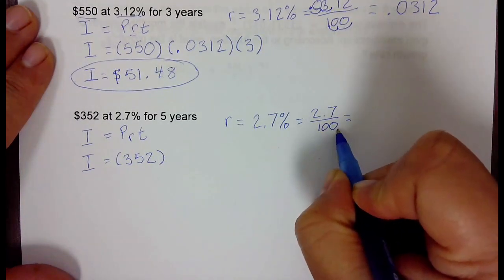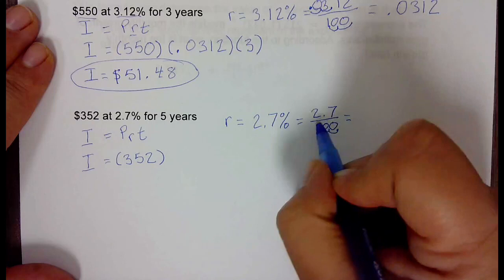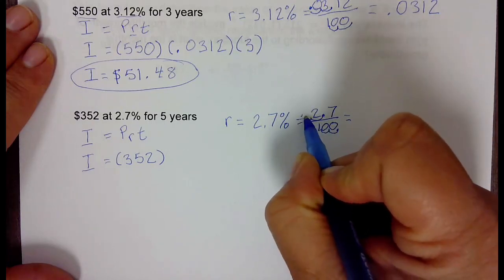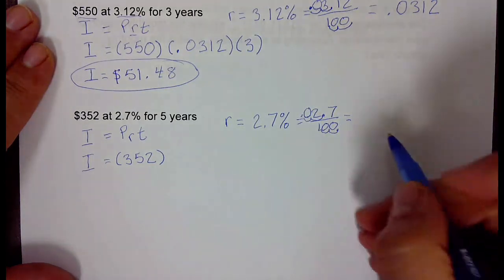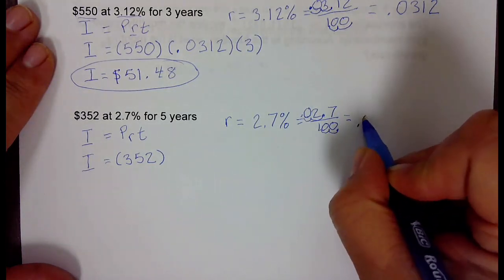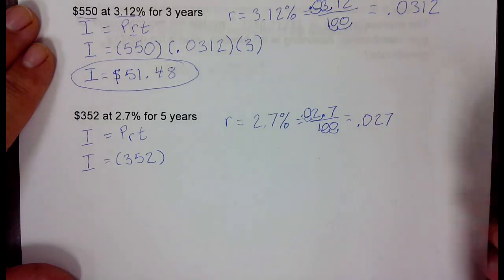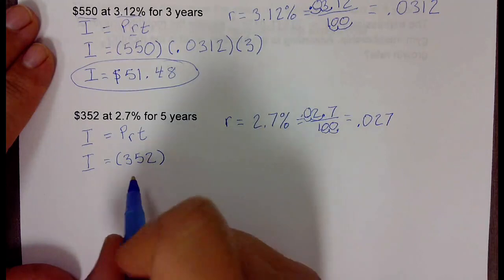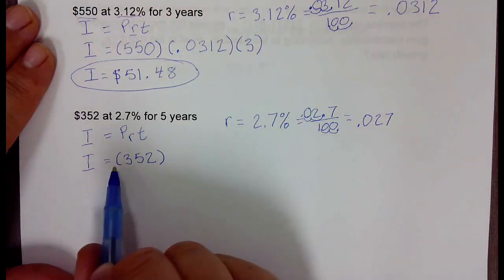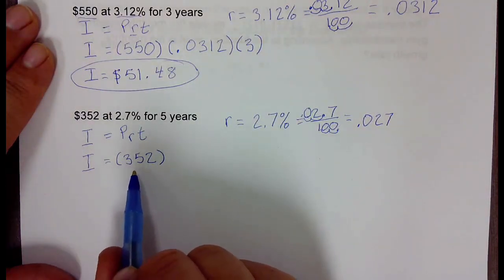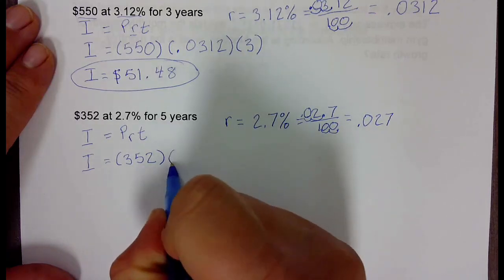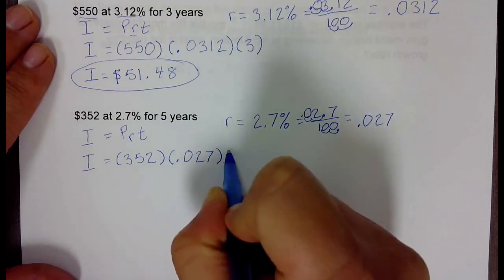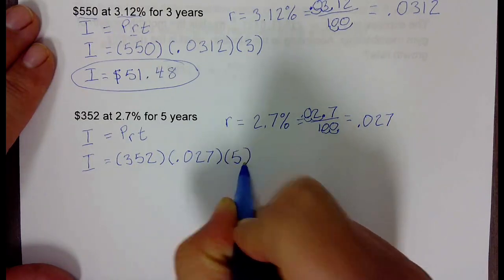Move this decimal place over 2 places and put a 0 to hold that place. 0.027 is my rate, my interest rate expressed as a decimal. So I have interest equals 352 times 0.027 times 5.